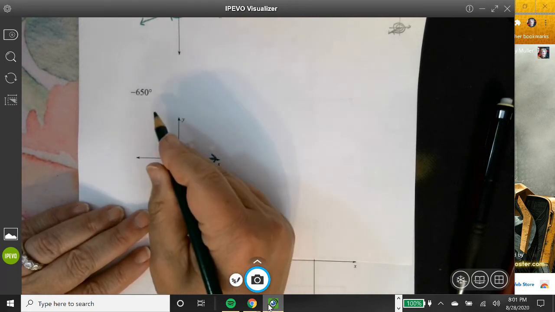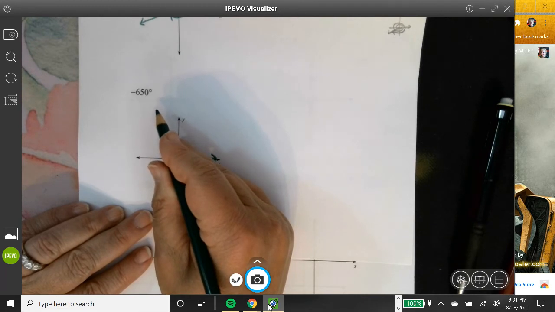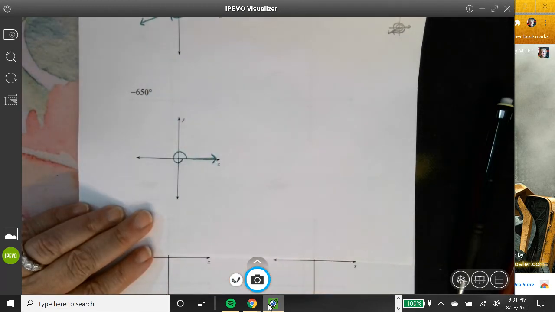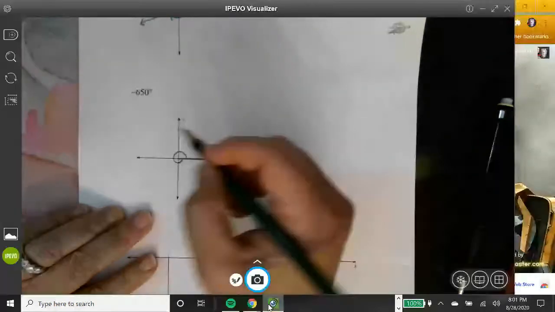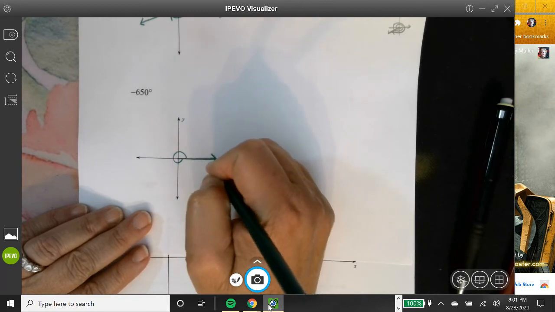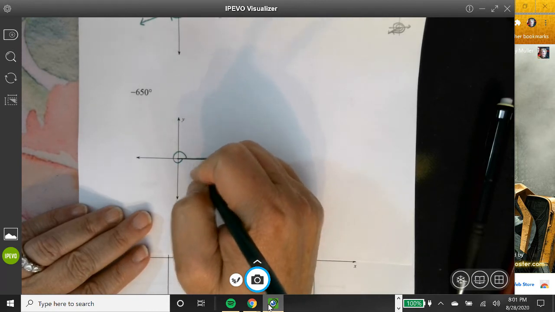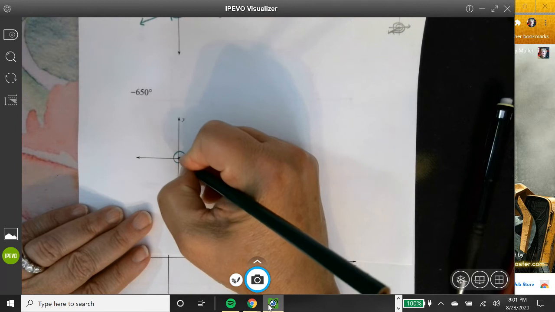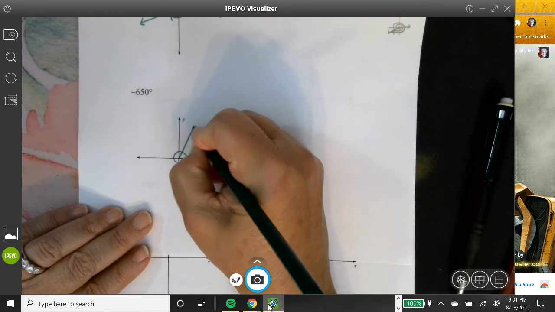But how short am I from 720? So if I subtract 650 and 720, so 720 minus 650, I get 70. So I'm going to be 70 short of 720. So I'm going to be 70 short, which is about 30 degrees here.